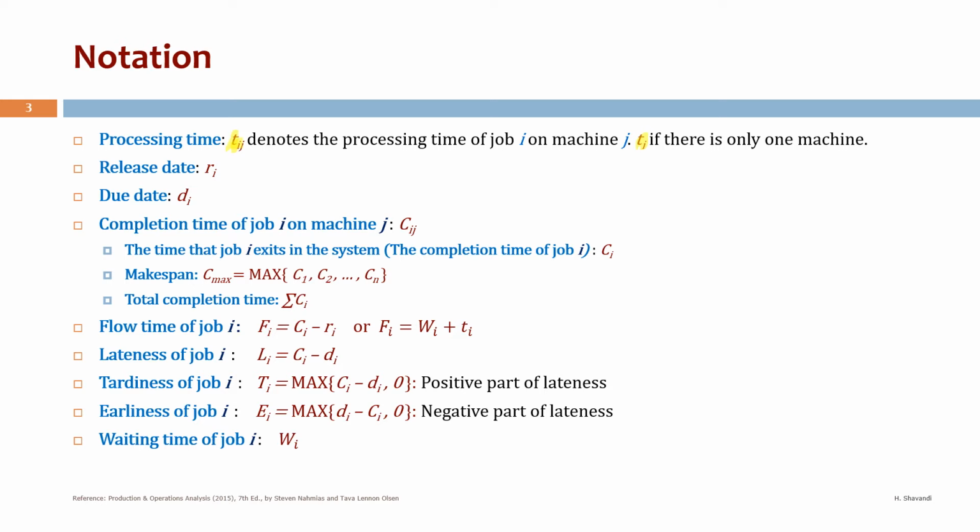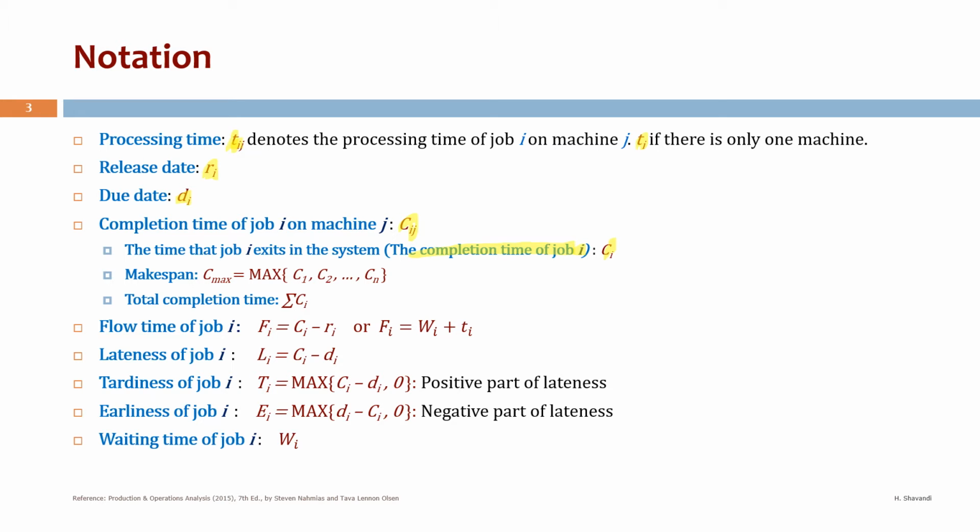Release date Ri will be the release date of job i, due date Di, and completion time of job i on machine j we show by Cij. Ci will be the time that job i is completed and leaves the system.